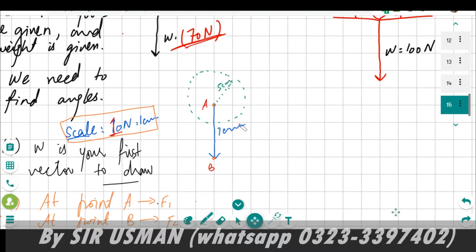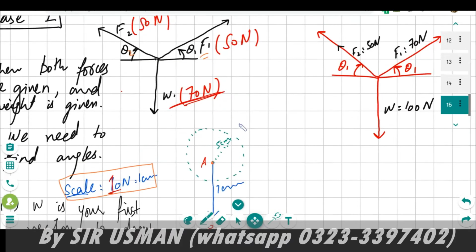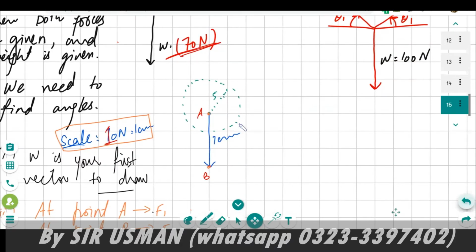And at point B we draw a circle of radius 5 centimeter as well. So just draw the circle again, neatly, and let's say it is like this.